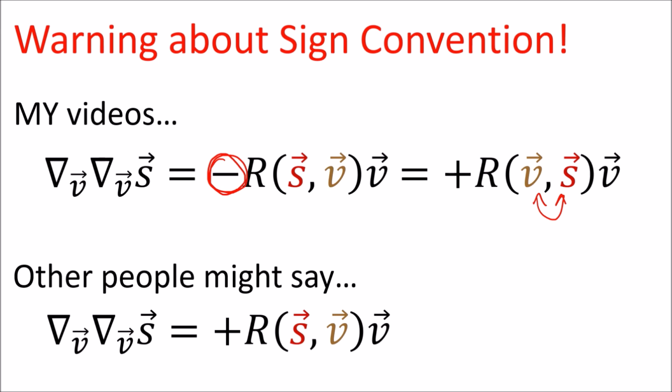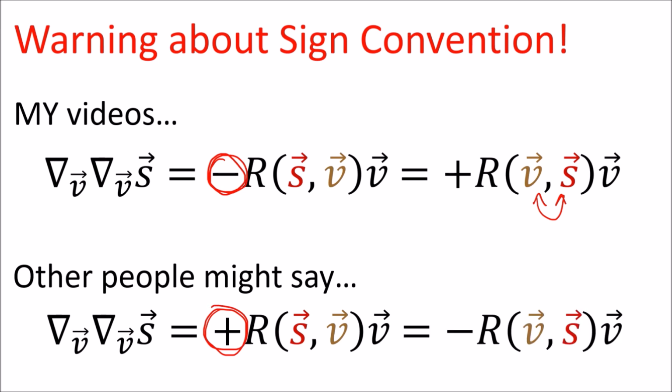Some textbooks or articles might use the opposite sign convention, using the positive Riemann of s and v or the negative Riemann of v and s. Neither of these is more correct than the other. The negative sign is just a matter of convention. So I'm going to use this convention, but don't get tripped up if you see this version in other sources. It's just a different sign convention that they're using.